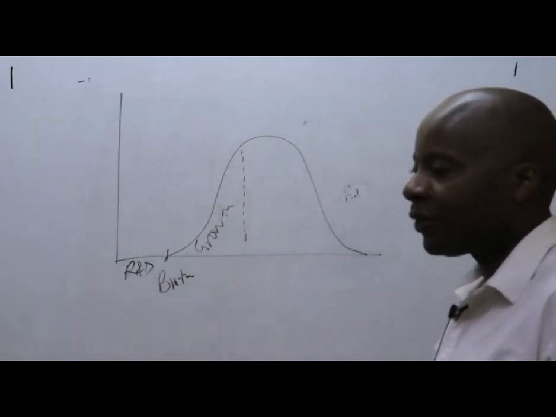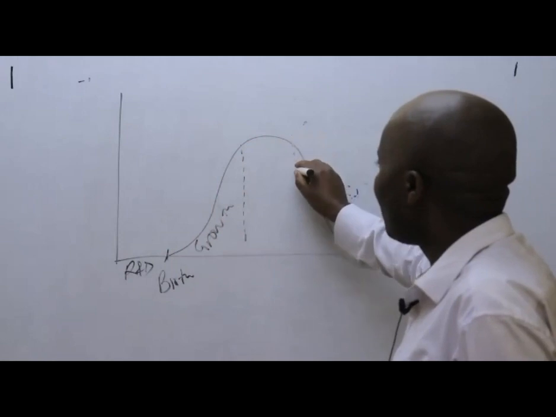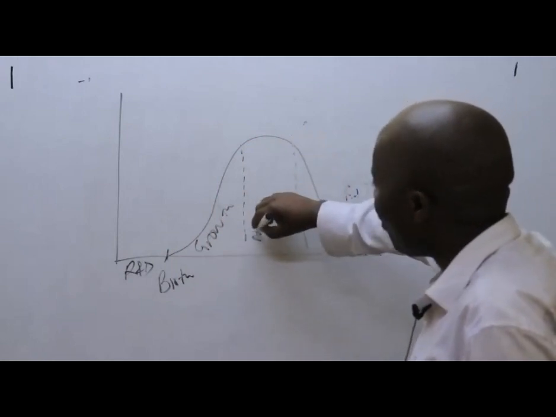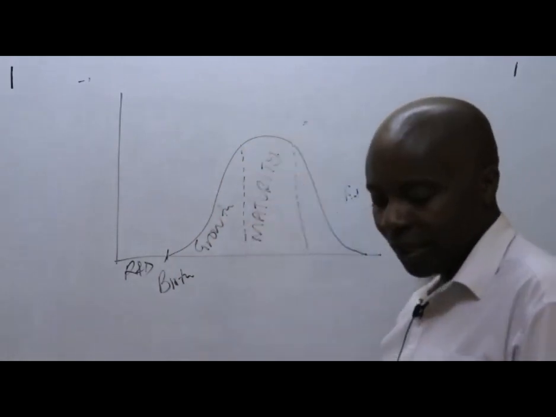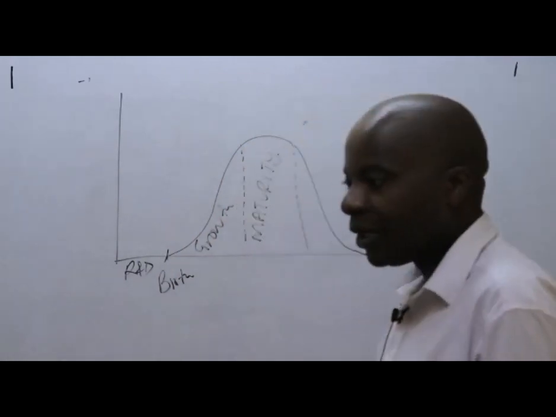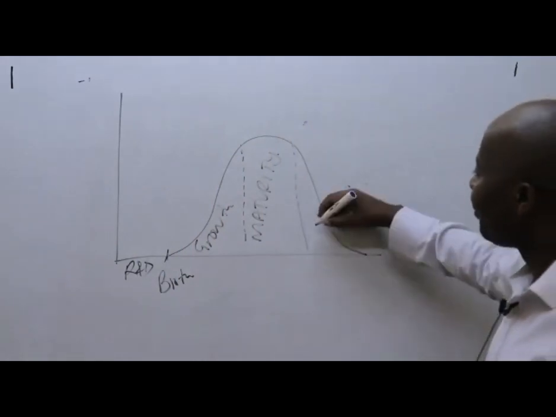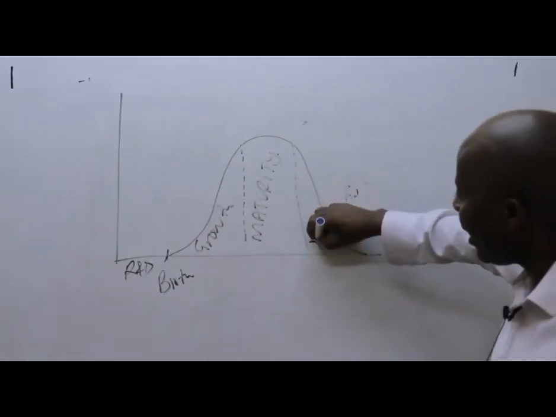Ladies and gentlemen, after that, what else do we have? We'll of course mature. You can't grow forever. So we have maturity, and then we'll come and talk of death. Not death, first of all, we have decline.